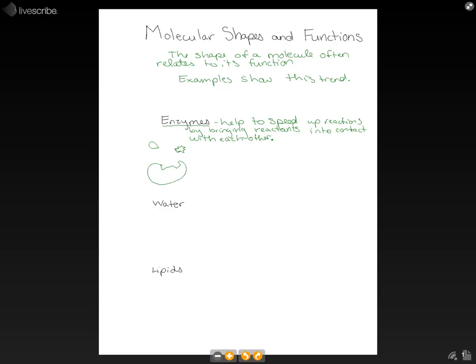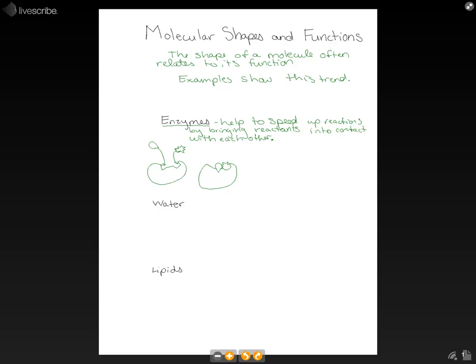So the enzyme can hold these two reactants and then bring them together so that they touch, and then they can bond.